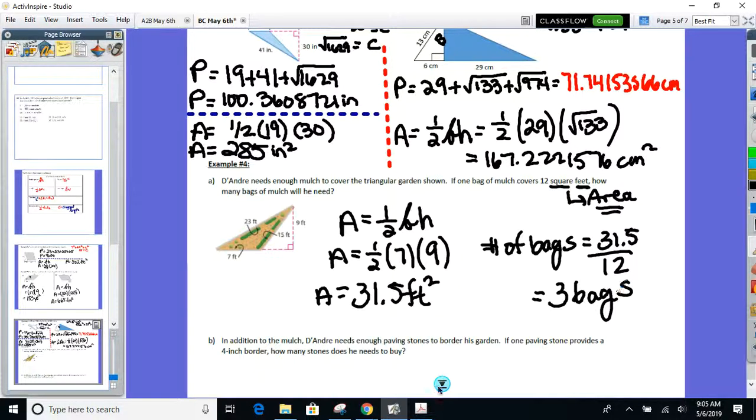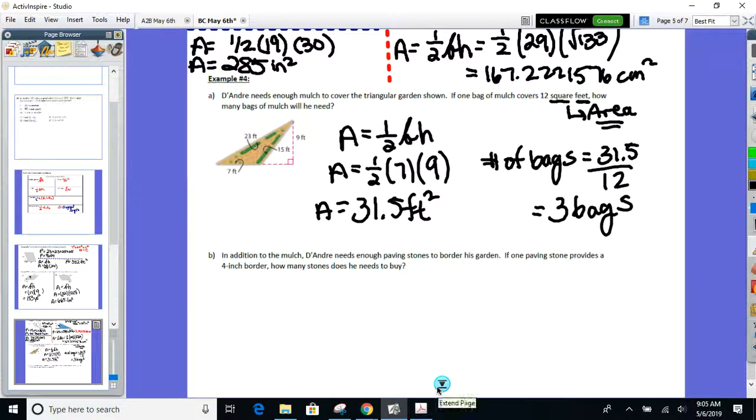All right, well, he's got more stuff. He's got more to do here. He wants to put paving stones around his garden. Beautiful. One paving stone's a 4-inch border. How many stones is he going to need to buy? Not talking area anymore, am I? We're talking perimeter if we're going to do the border of the garden.